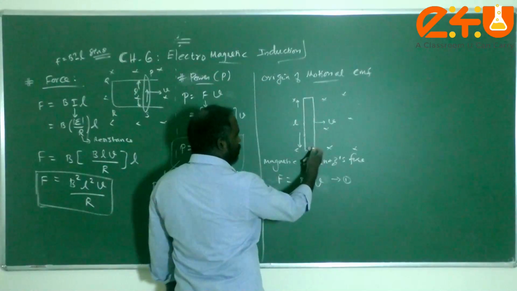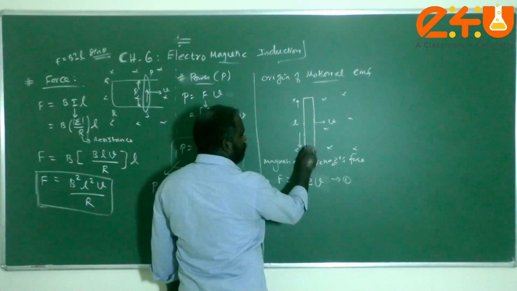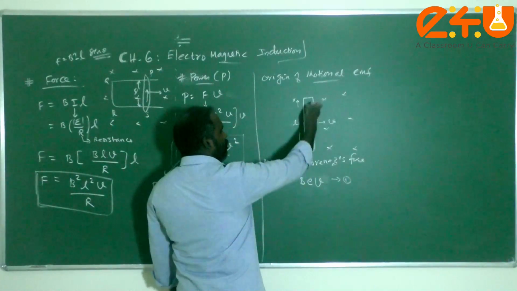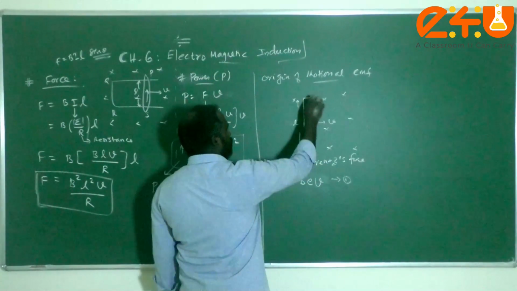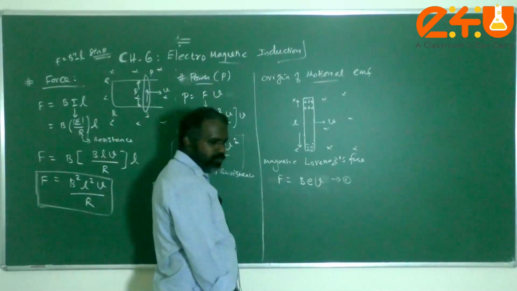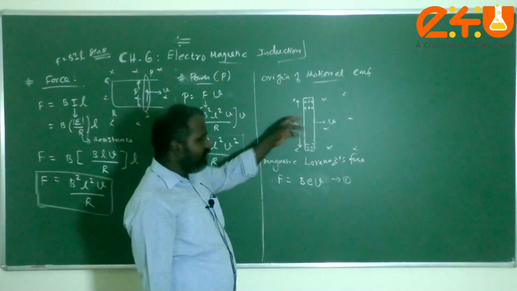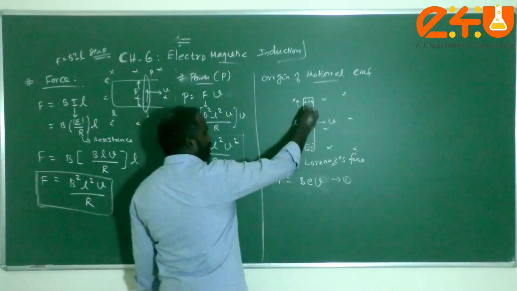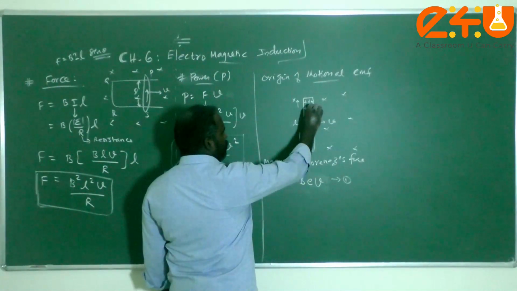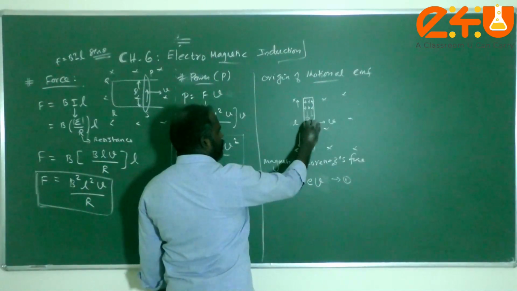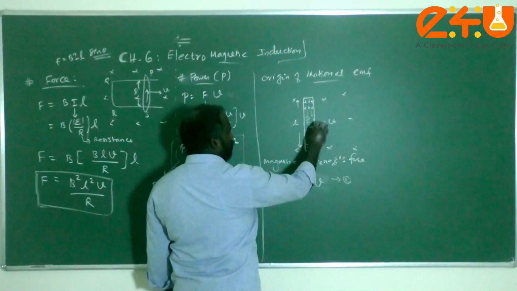Because of that, all the electrons come and accumulate at one end, all the negative charges are accumulated here, and there will be positive ions at the other end, which in turn produces some induced electric field. This is the direction of the induced electric field. Whenever charges are separated, it produces some internal induced electric field.